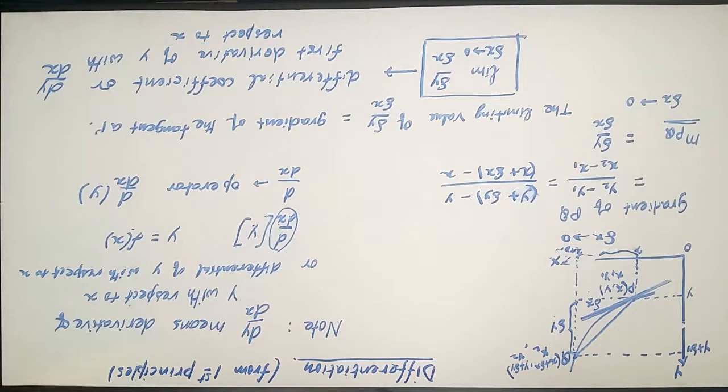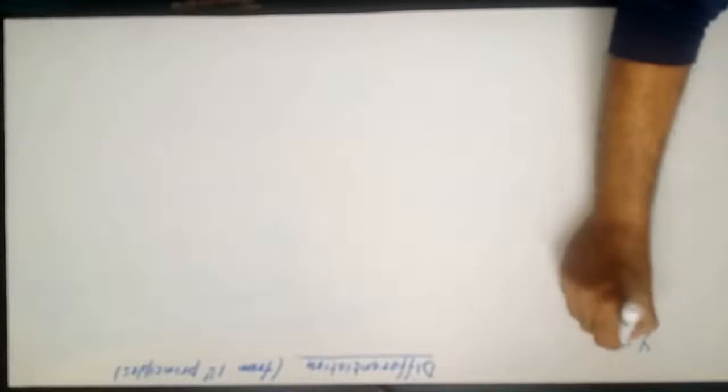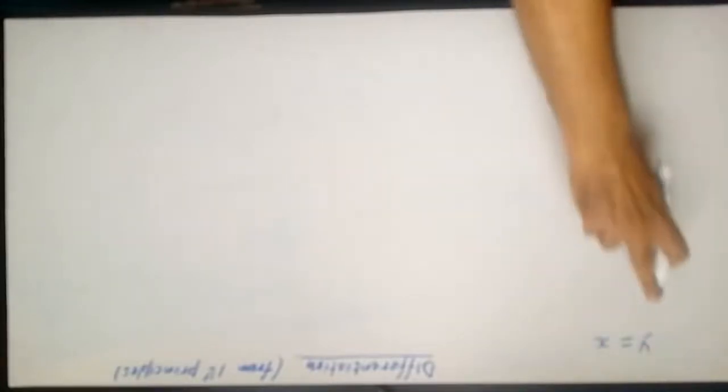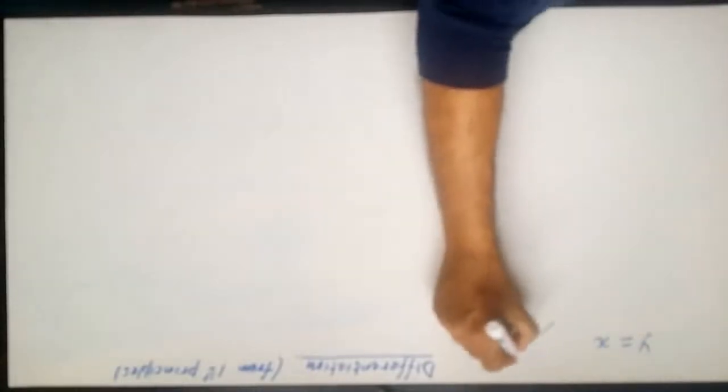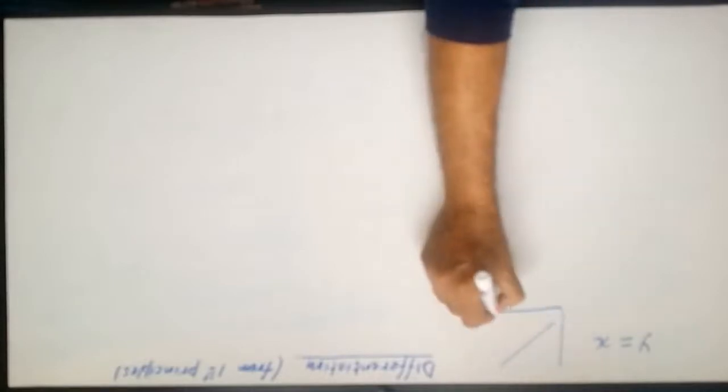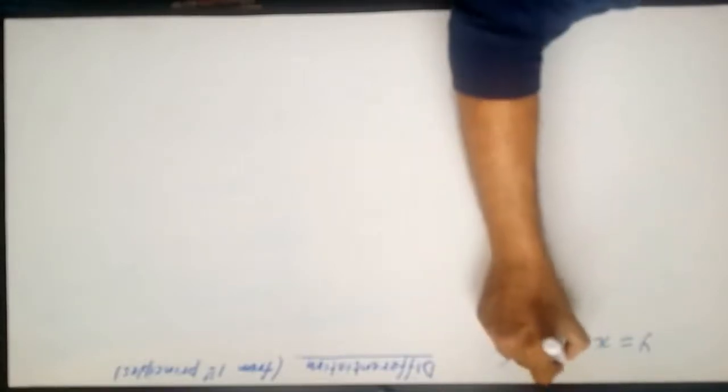So this is the concept of differentiation, and now we'll be taking differentiation of some simple algebraic functions so that we can arrive at the formula for the differentiation of an algebraic expression. So let's take a function y is equal to x, and as you know, y equal to x is nothing but a straight line.